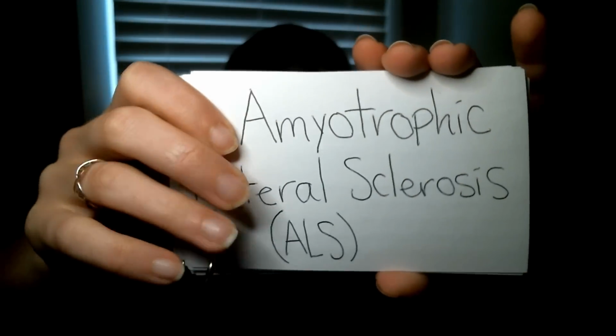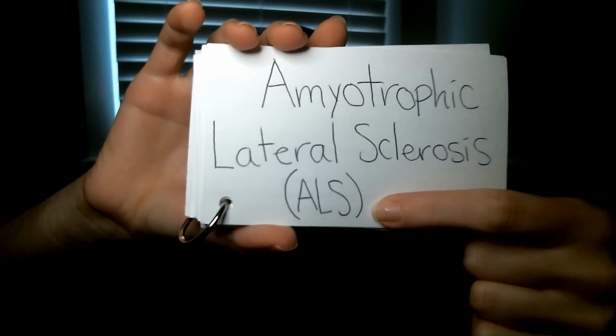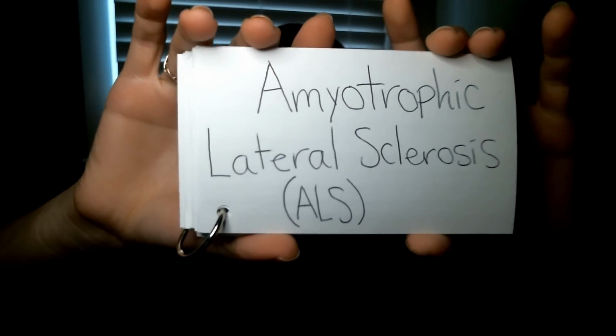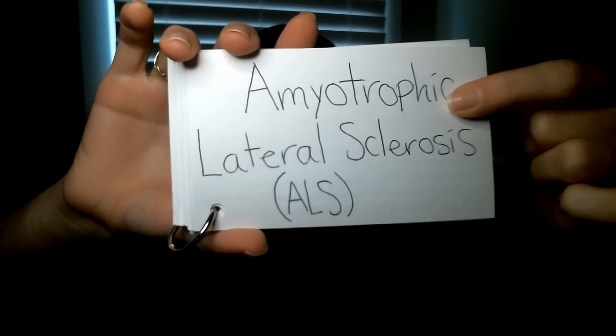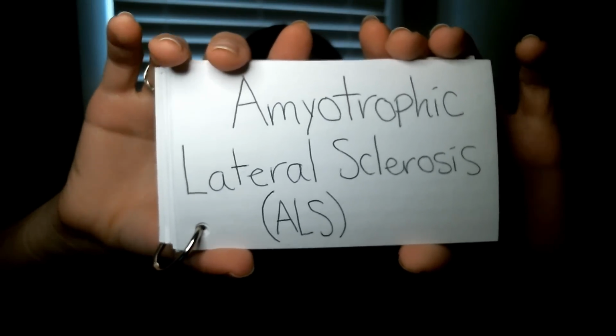Okay, next we are moving on to some of our muscular and neurological conditions. Neurological, I guess. And the first one is, again, probably one you've heard of, which is best known as ALS, or Lou Gehrig's disease, but ALS stands for amyotrophic lateral sclerosis.